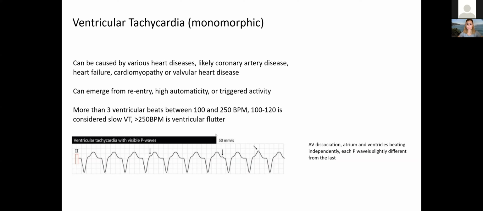And one of the main effects of this is atrioventricular dissociation, where the atrium and ventricles are beating independently, and you can see a few different examples of how the P waves are slightly different from the last. And I do believe that is the end of our presentation.